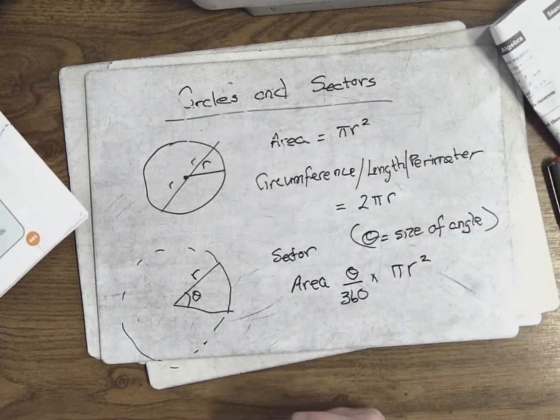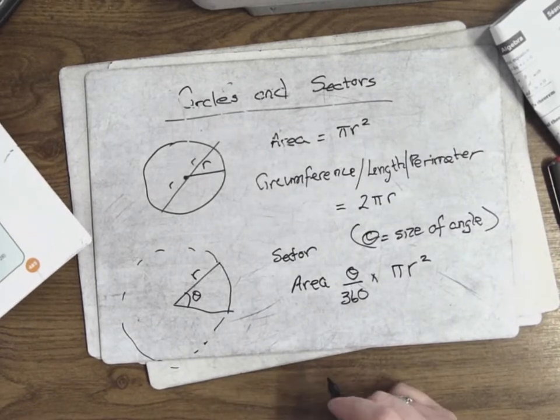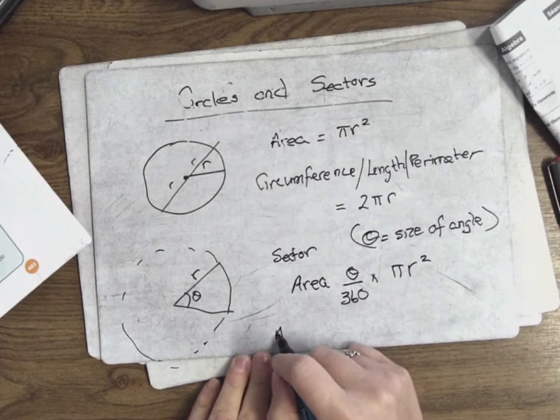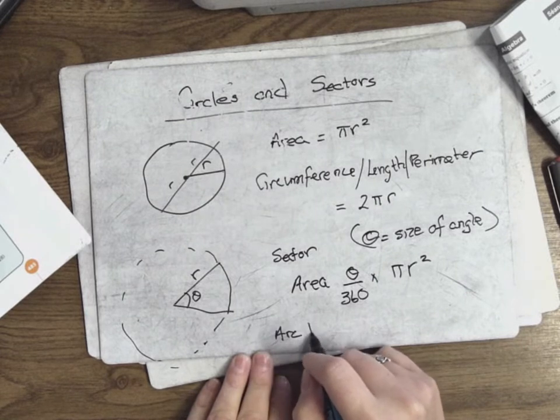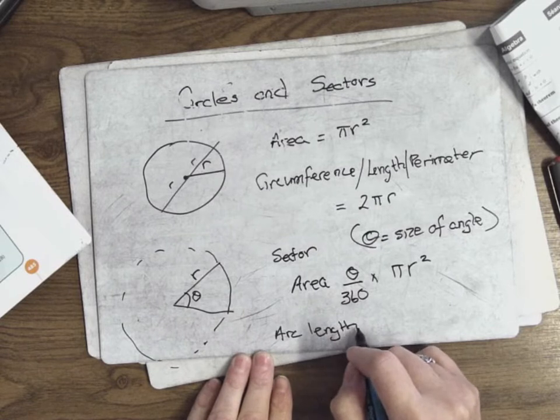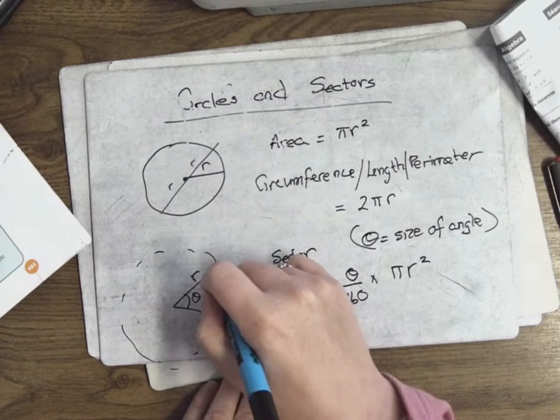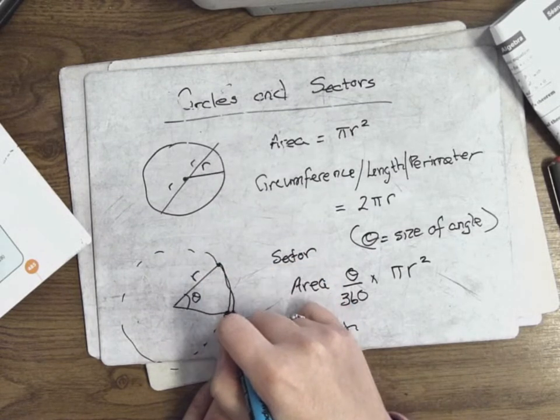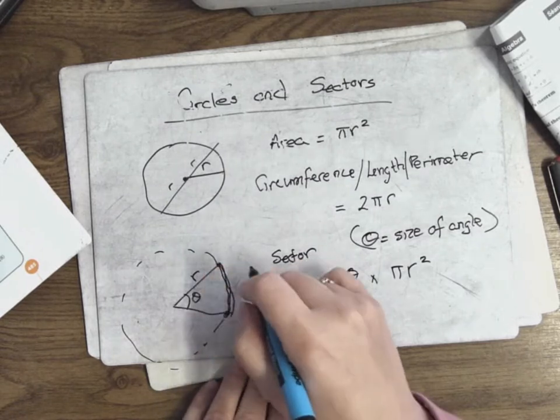Okay, and the arc length. The arc length is the curvy bit. Look, from here to here, that curvy bit there, that's called the arc.